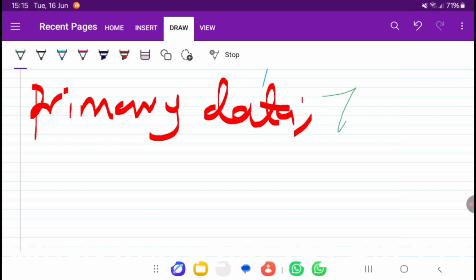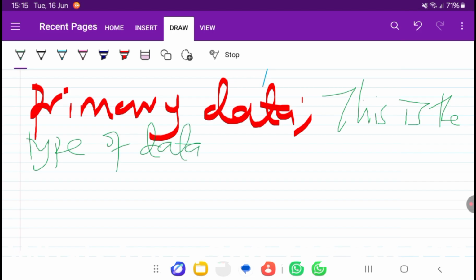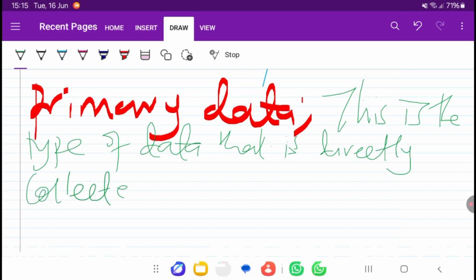Primary data is the type of data that is directly collected or observed for the first time.